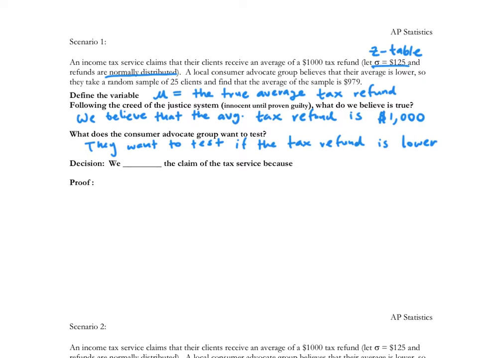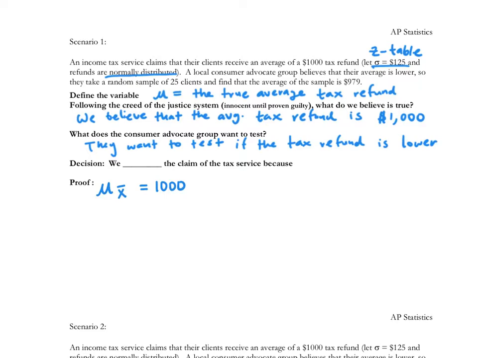Okay, so I'm going to go over some symbols that we might have seen before. If you remember this symbol, it is the average. We believe that the average is 1,000.